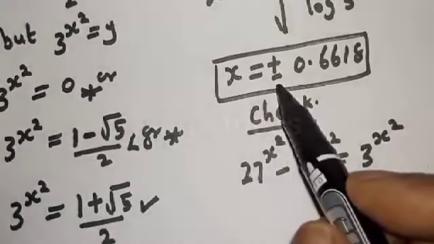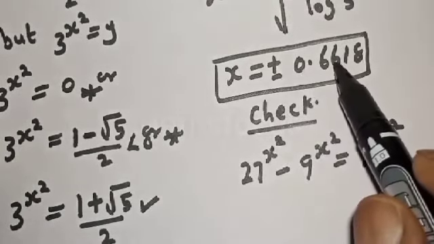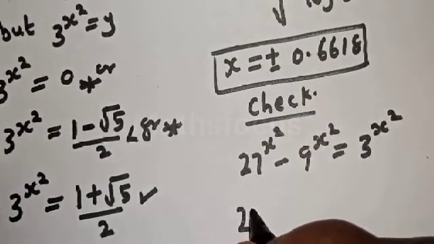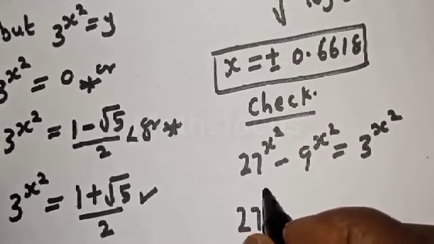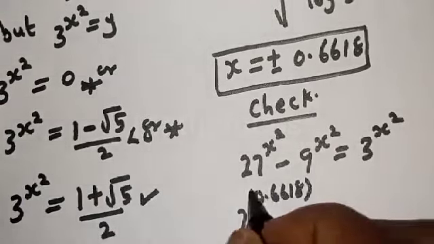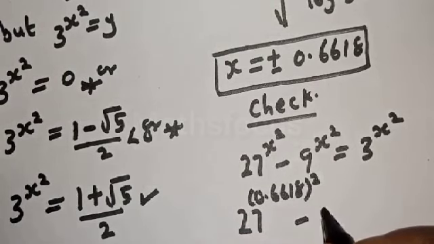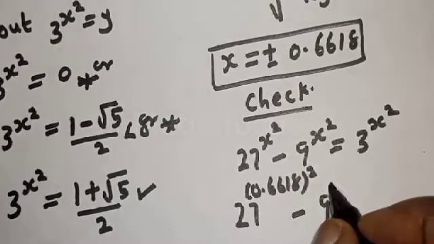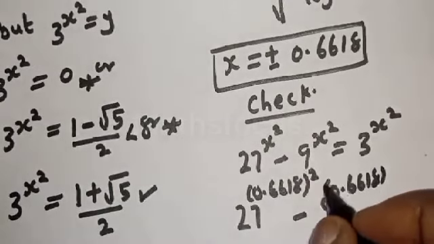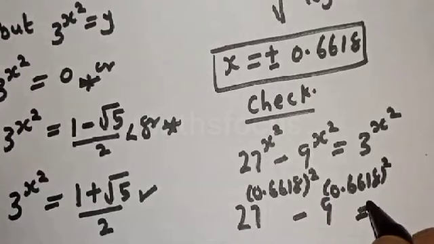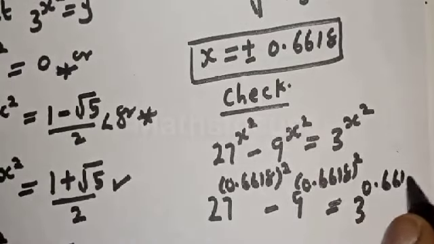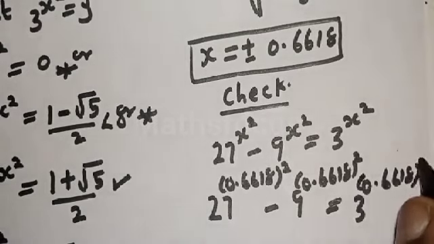Now, when x is equal to 0.6618, we have 27 raised to the power 0.6618² minus 9 raised to the power 0.6618² must be equal to 3 raised to the power 0.6618².